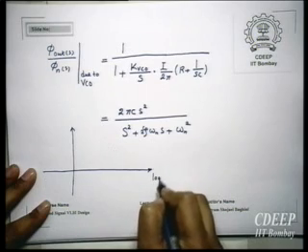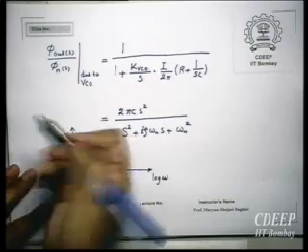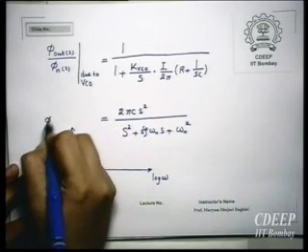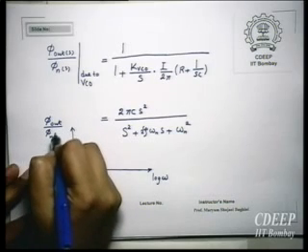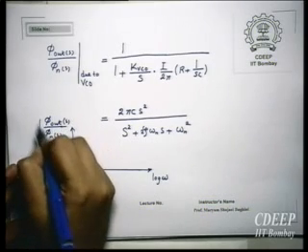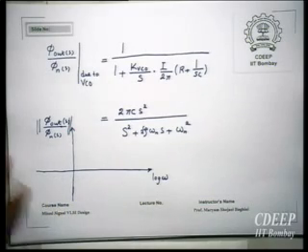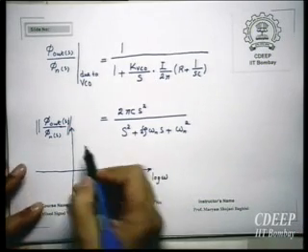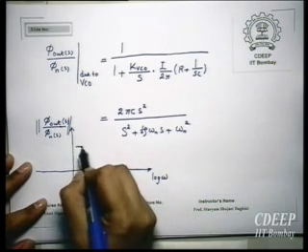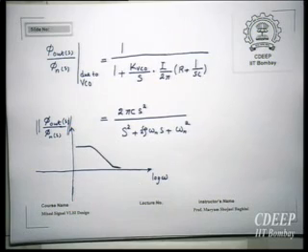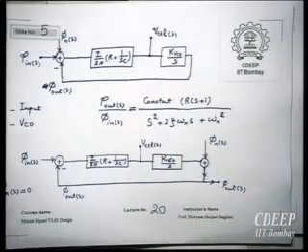If this is, for example, log omega, and this is the transfer function magnitude versus omega, we have two types of transfer function. In the first case, phi out upon phi in was a low pass, similar to the transfer characteristic of the closed loop PLL.